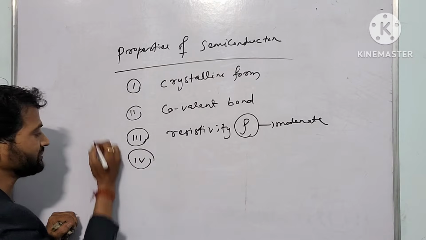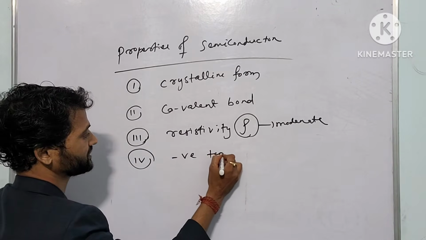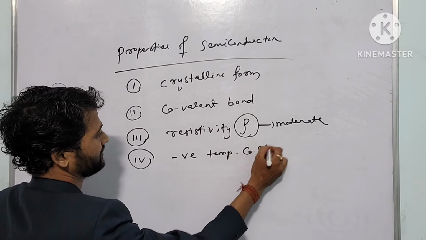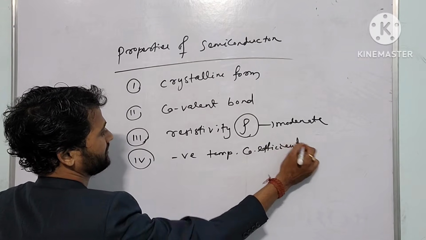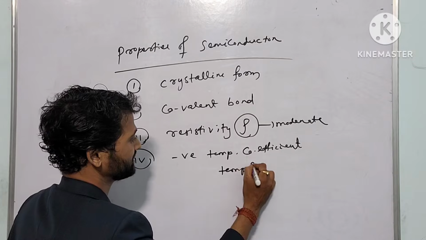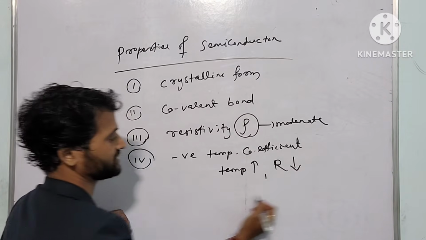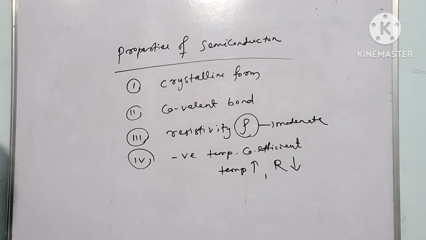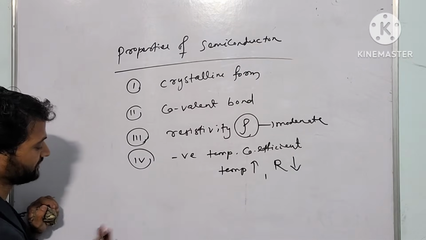And fourth point is very important, negative temperature coefficient. It has negative temperature coefficient, matlab if temperature increases then resistance will decrease. That is called negative temperature coefficient, right?